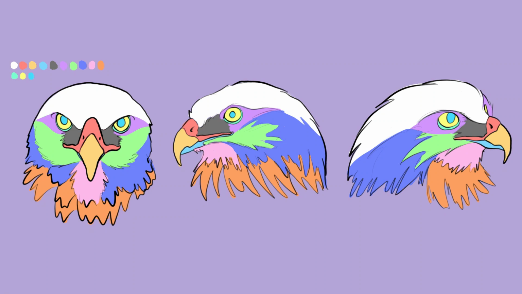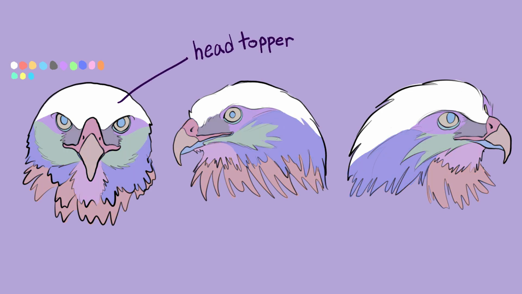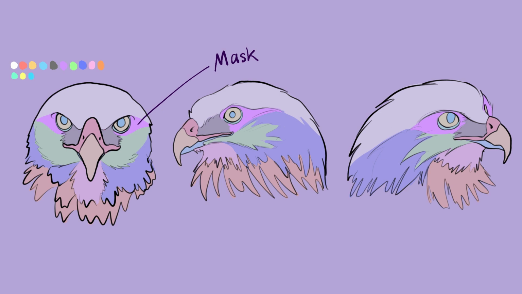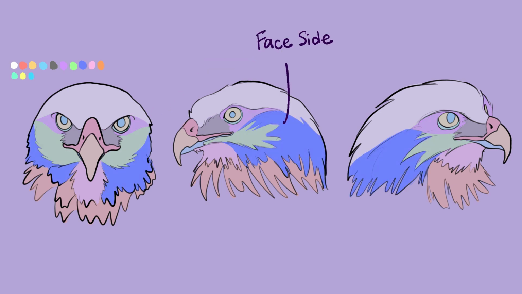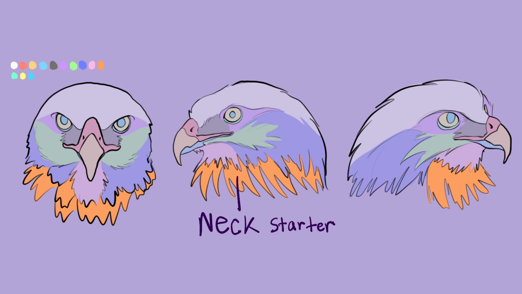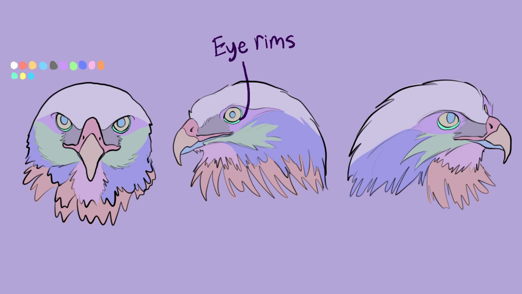Bird heads in general can be divided into several distinct sections. There's the head topper, the mask, the cheeks, the sides of the face, the part of the face that transitions into the neck, the chin, the eye rims, the iris, the pupil, and the beak.